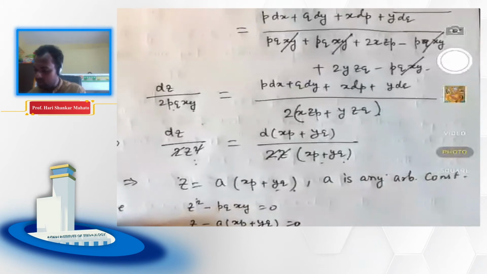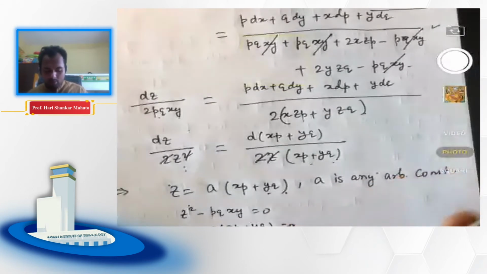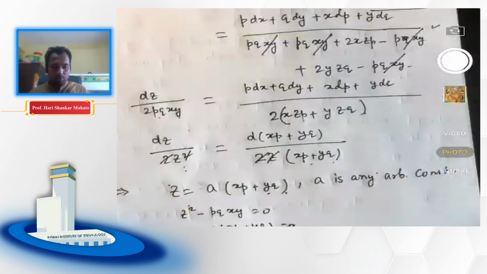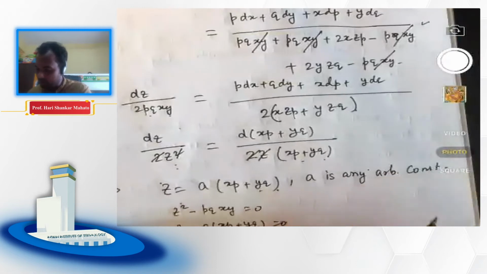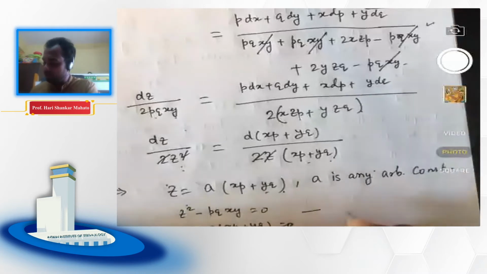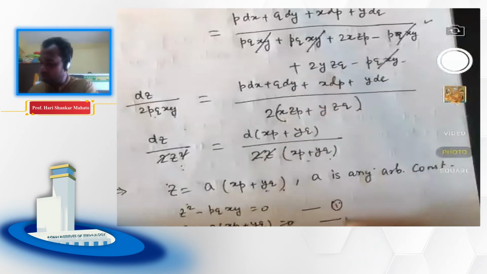So now how can we solve for p and q? We can call them equation number one and equation number two. So we have to solve one and two for p and q.